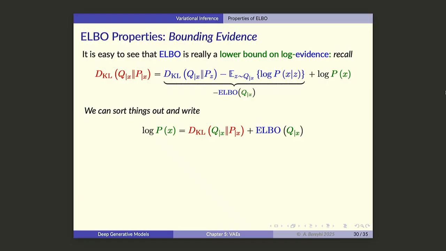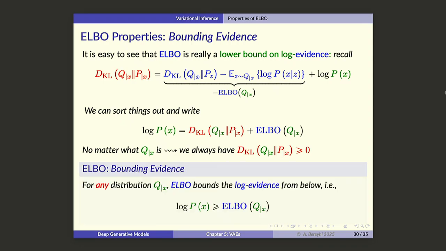Everybody's cool? Now, can that KL divergence be negative? No. It doesn't matter what Q is, KL divergence is always positive, or at least 0. So this means that the log of the evidence is always larger than or equal to the ELBO.